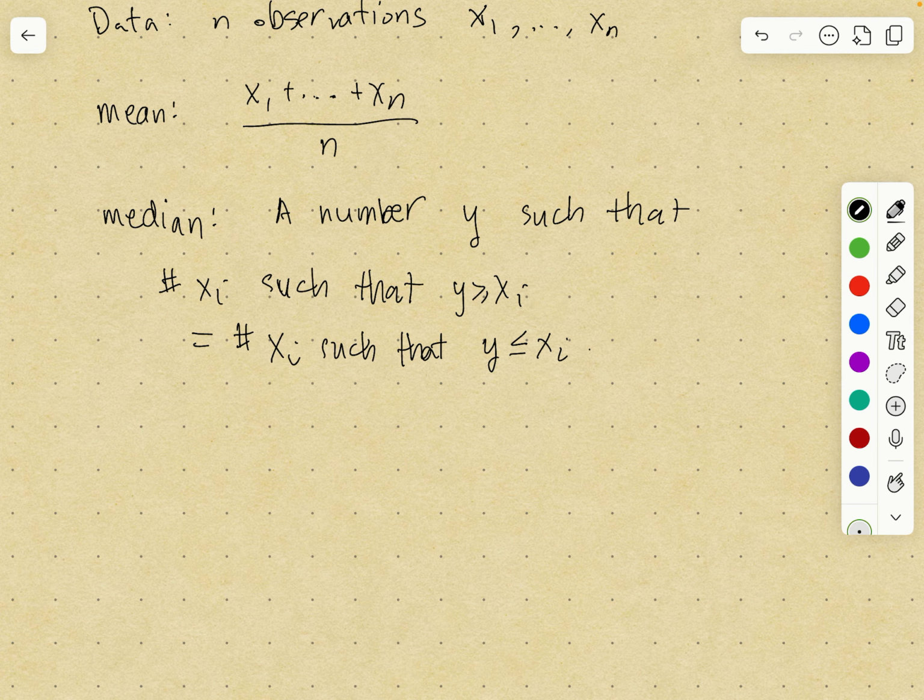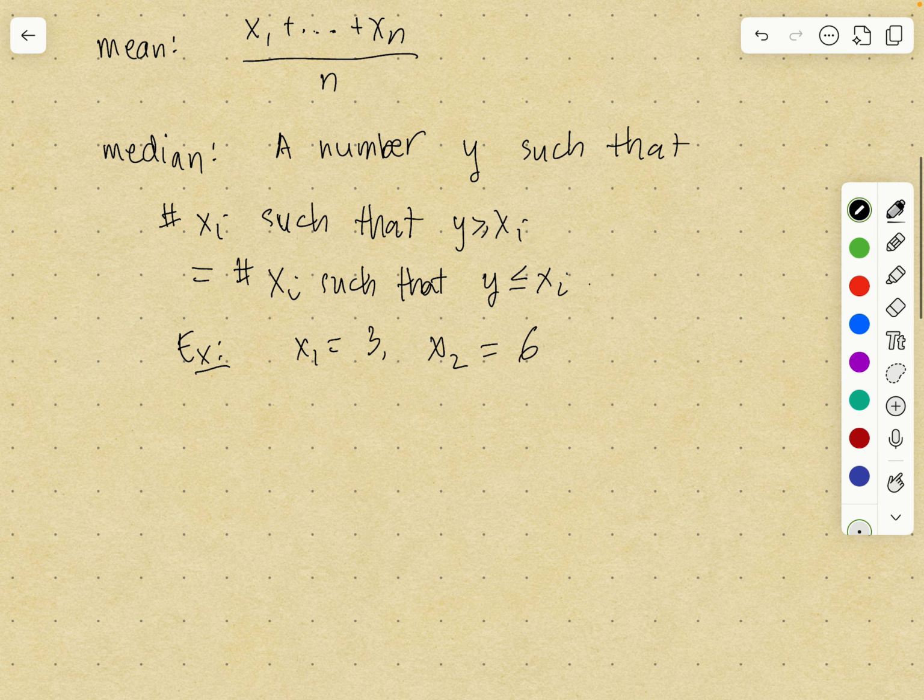For example, if you have an even number, so let's say that you have x1 is 3 and x2 is 6. Then typically a median would be defined to be the average of the two, so it would be 9 over 2 or 4.5.